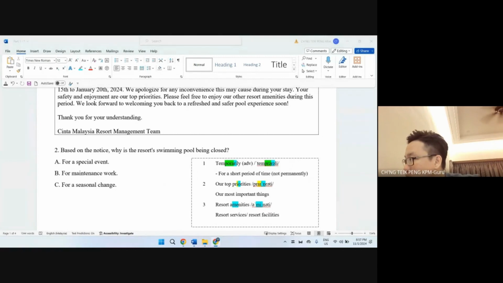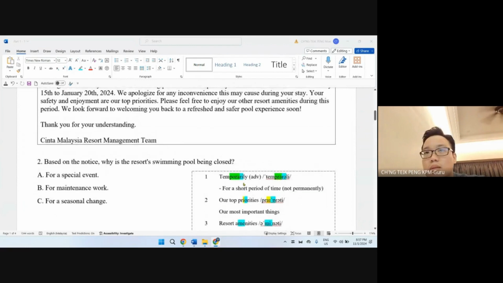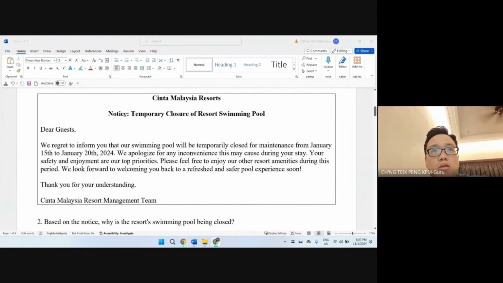Oh, Jinwei chose B. Okay, what about other students? In the meantime, let me explain. Notice a temporary closure of resort swimming pool. It's for a short while. Closed for a short while.